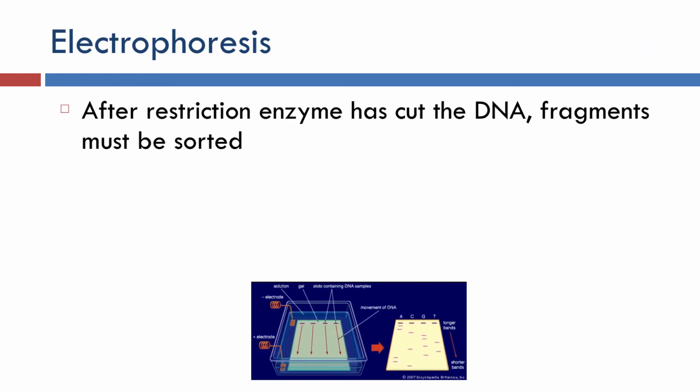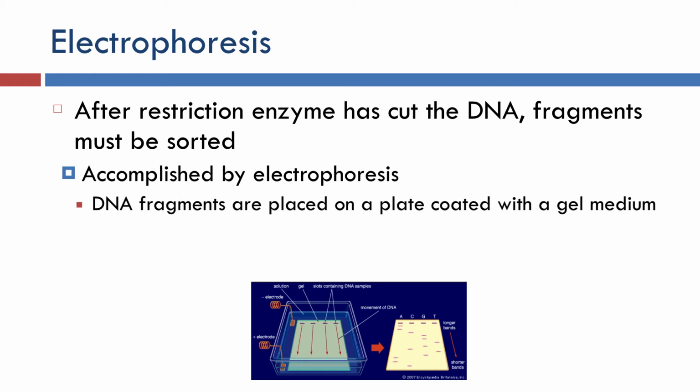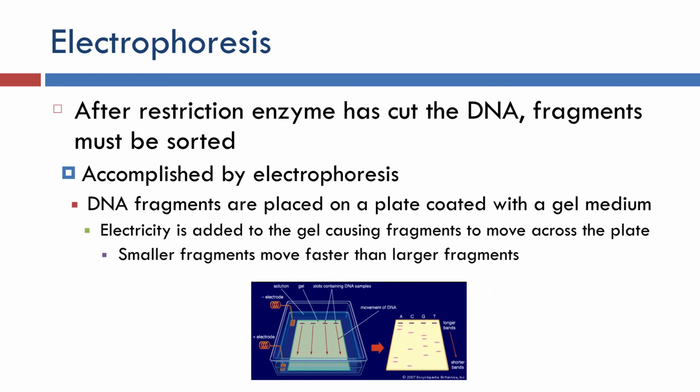After the restriction enzyme has cut the DNA, the fragments need to be sorted. And so they use a process known as electrophoresis. This technique is similar to the thin layer chromatography that we talked about with the drug analysis, but it's specific to DNA.